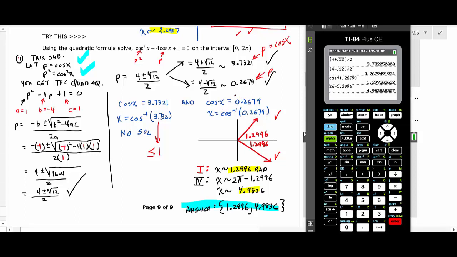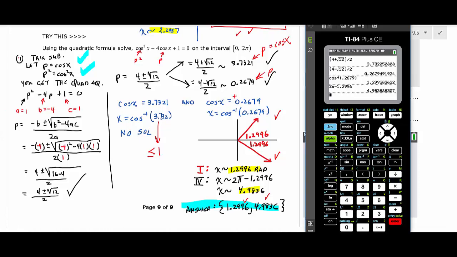You need to know that this is a positive number, so you're in quadrant 1 and 4 on a cosine. That's where the cosine's positive. So that's my quadrant 1 answer. And then my quadrant 4 answer is all the way around the circle, 2 pi less that reference angle, gives you that. So those are your two answers to that problem.